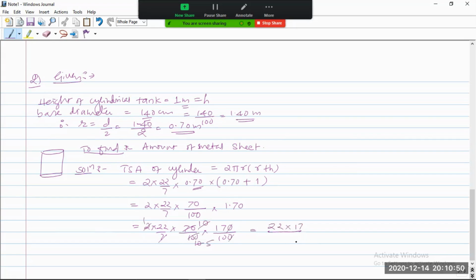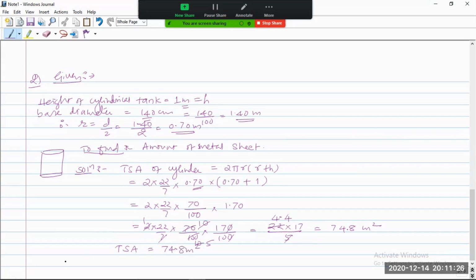Or if you want the answer in decimal form, you can simplify it. 5 4s are 20, 2 left, again 20, so 4.4 into 17. 17 4s are 68, 6 left, again 68 plus 6 is 74. So it is 74.8 square meters, the required TSA of the cylinder.